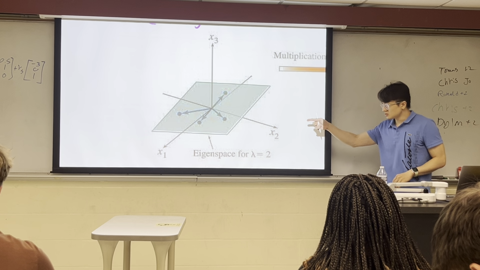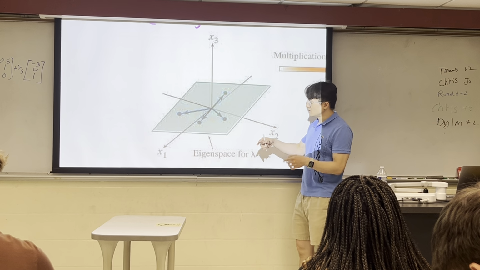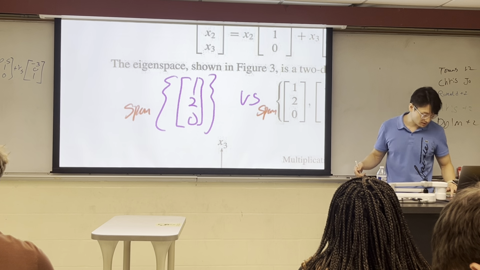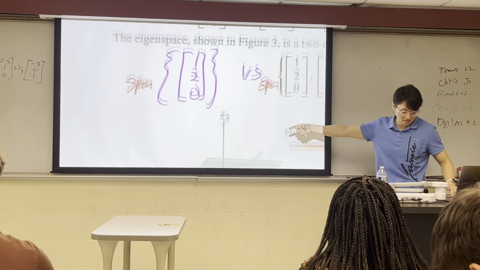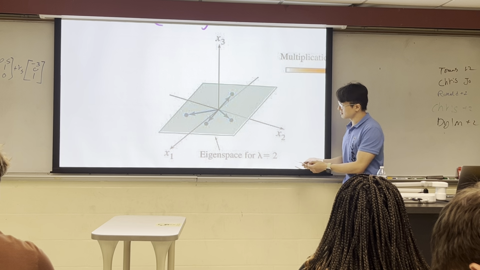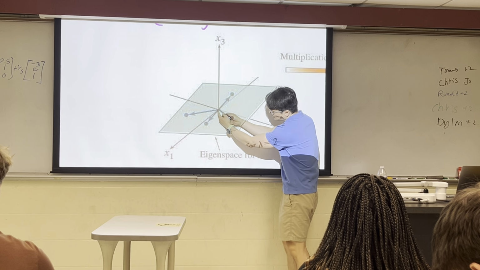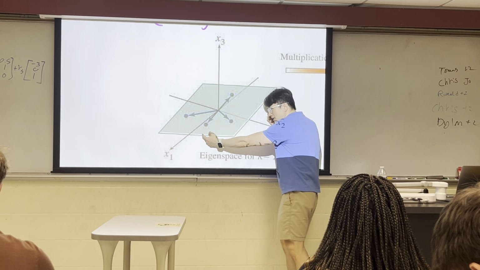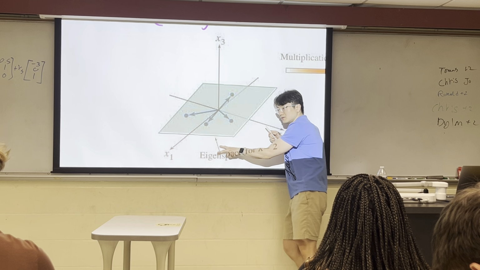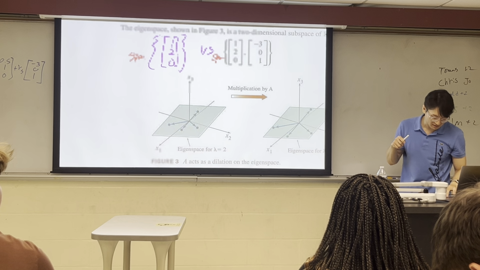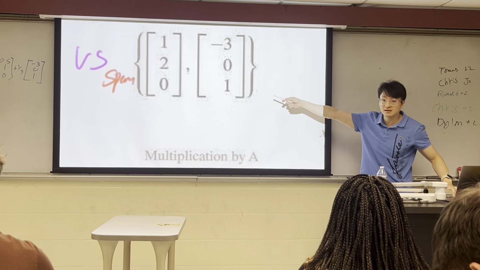Why do we have three-dimensional space? Because we're playing this game in 3D, because we have three entries: 1, 2, 3. And this is the eigenspace that is spanned by two vectors. Those two vectors are this. Okay?